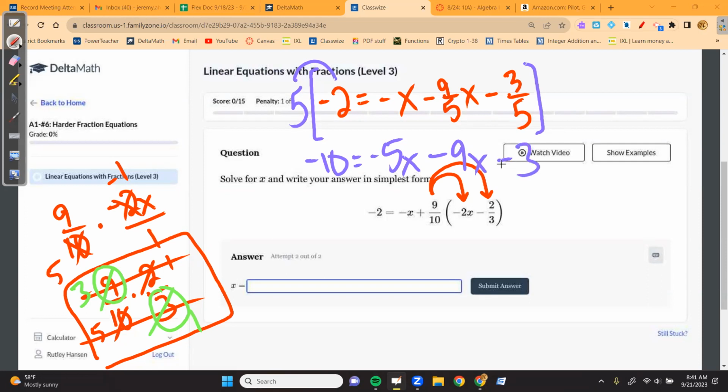-3. You still good from here? What do we do next? I'm sorry, what? What do we get? I don't know where we're getting derailed here, Rutley, but you just need to combine these terms, buddy.